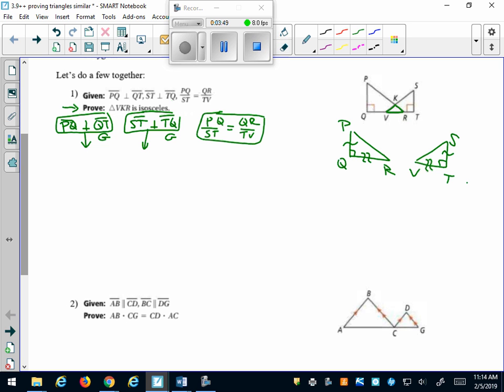Yeah, Ryan. Okay, so PQ perpendicular to QT, we could say angle Q is a right angle. ST perpendicular to TQ, we could say angle T is a right angle. What's the reason? Good, definition of perpendicular.